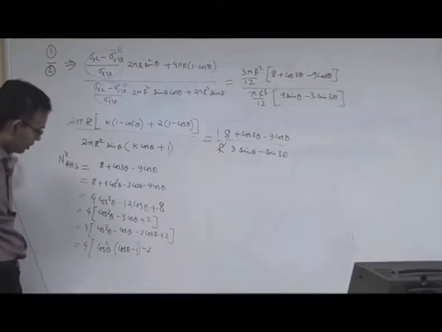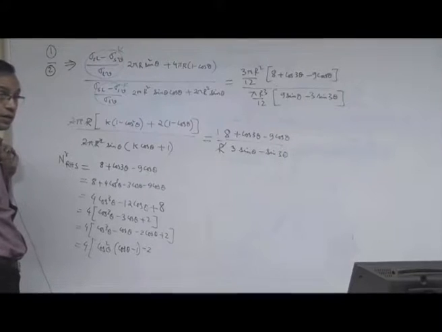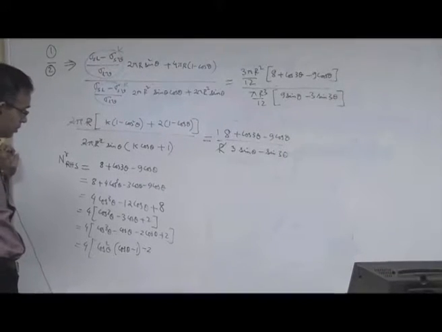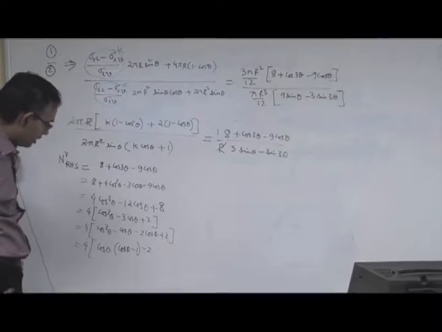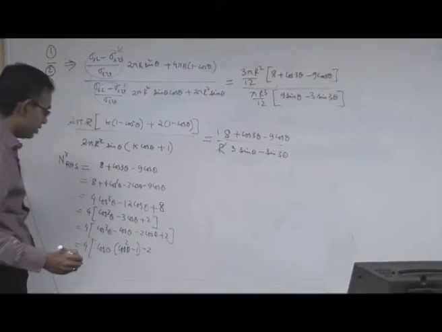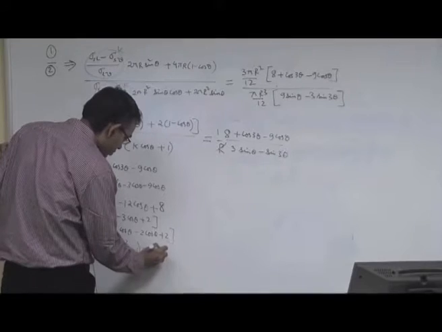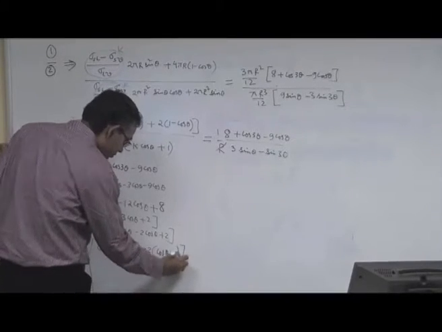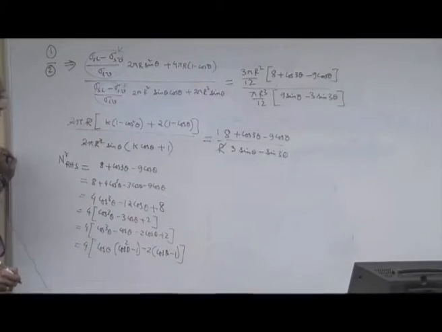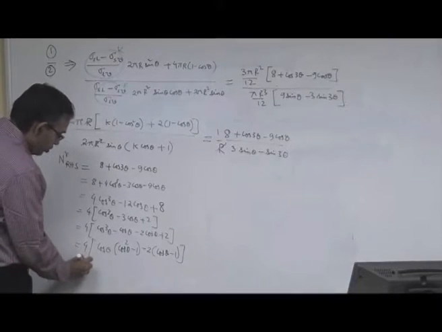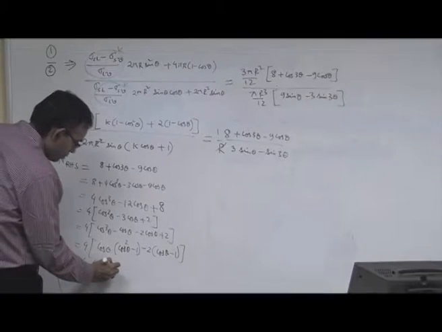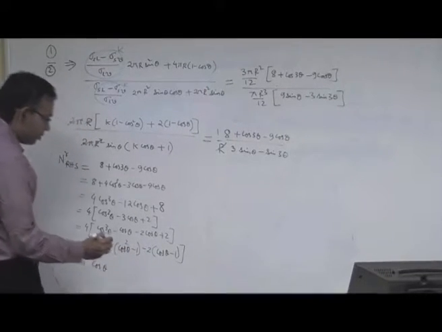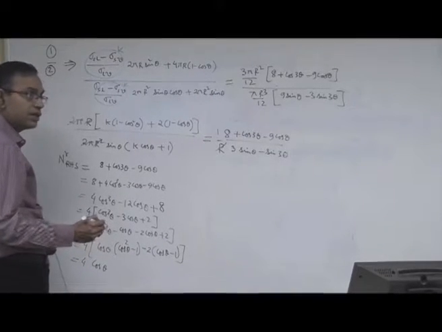minus, if there is any mistake please let me know, cos theta into cos square theta minus 1, right, cos theta into cos square theta minus 1 minus 2 into cos theta minus 1. All right. So, 4 into cos theta, cos square theta minus 1 we can write cos theta minus 1 into cos theta plus 1.